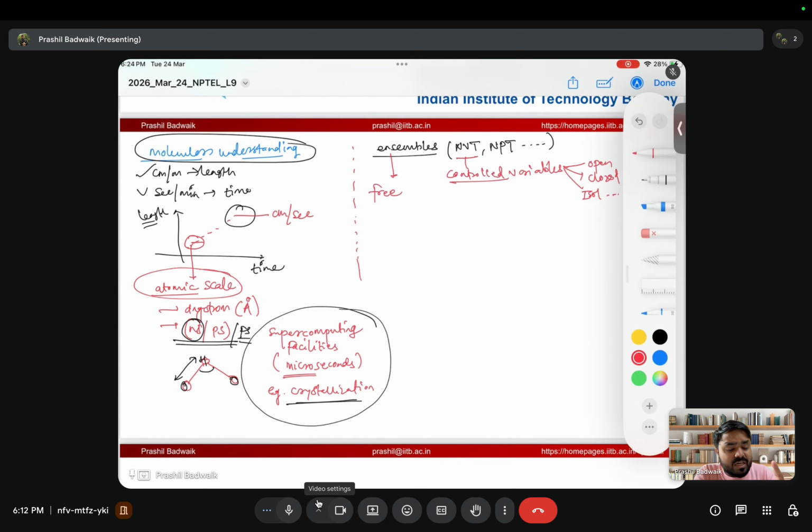Depending on the system under consideration, you define the controlling variables, whether it is an open, closed, or isolated system, and for that system we have defined a free energy, which will tell you the feasibility of the process.